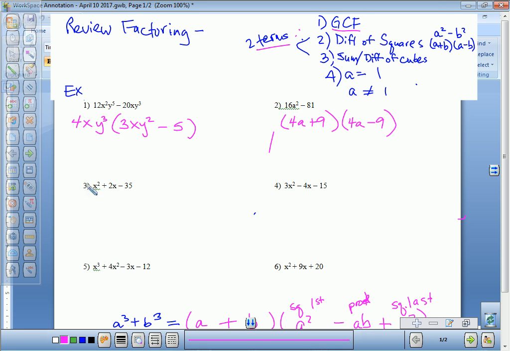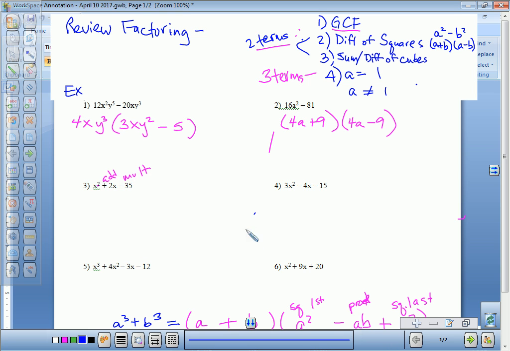Now, this one right here. This is where we have 3 terms. But the leading coefficient is an understood 1. Now, this is where you ask yourself, what do you multiply to get negative 35 that you add to get positive 2?